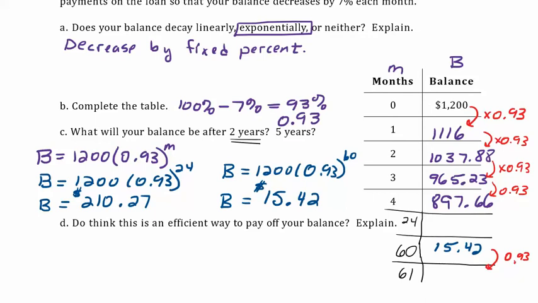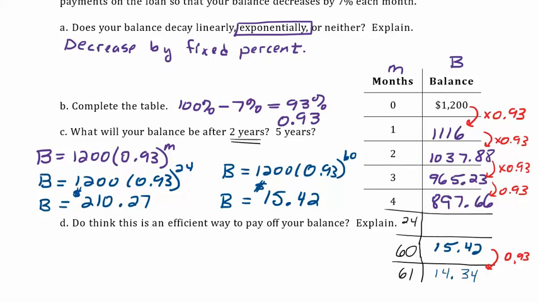I'm just going to punch in 1542 times 0.93. So my next month's balance will be $14.34. Do you think this is an efficient way to pay off your balance?